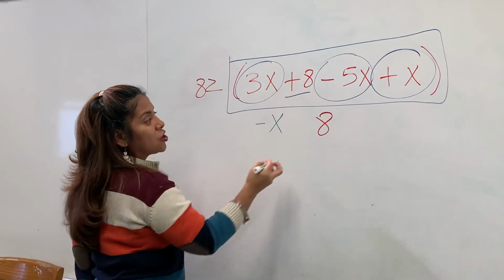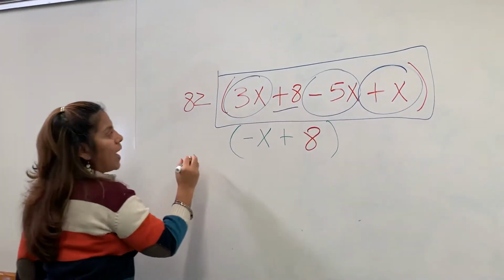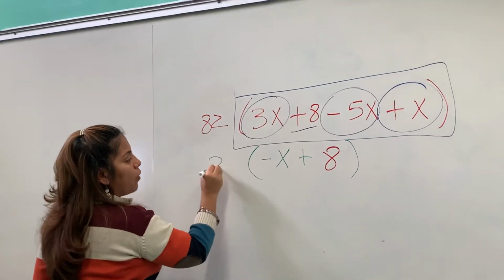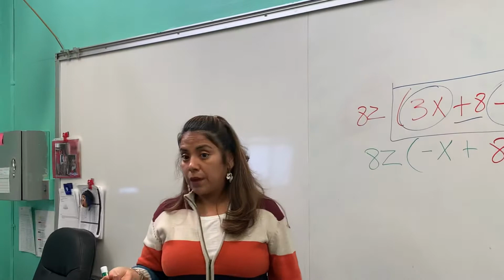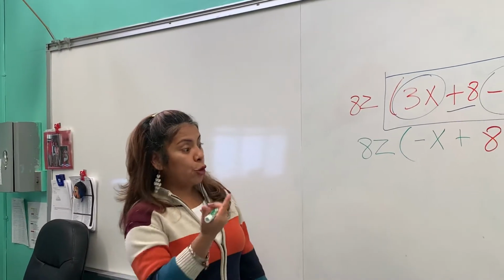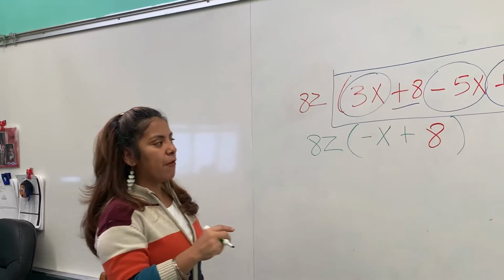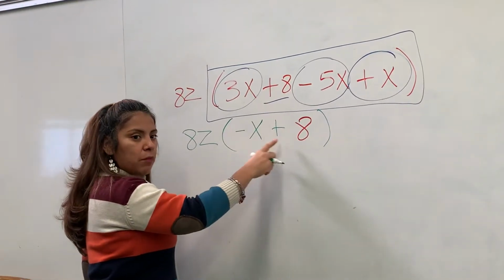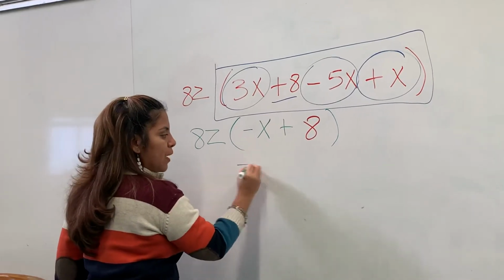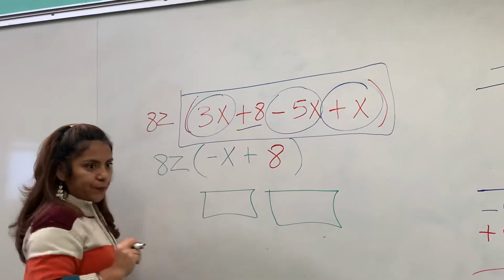Now that I have simplified my parentheses, I'm going to start with the distributive property. From what I learned, I'm going to count what I have inside my parentheses. I have 1 term and 2 terms. Since I have 1 term and 2 terms, I'm going to draw them as 1 term and 2 terms.